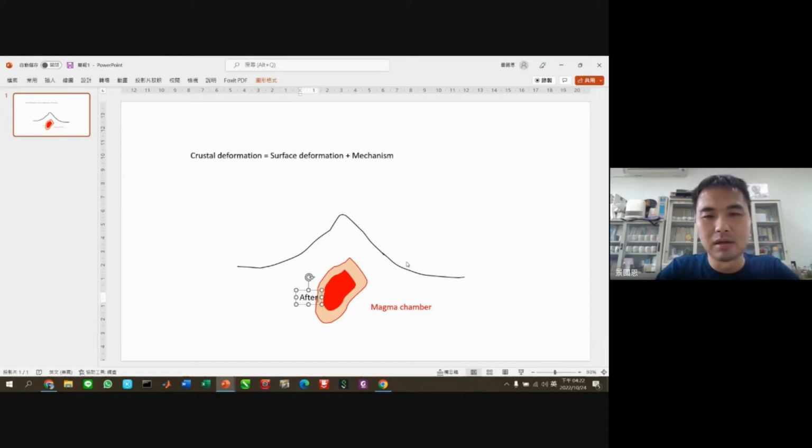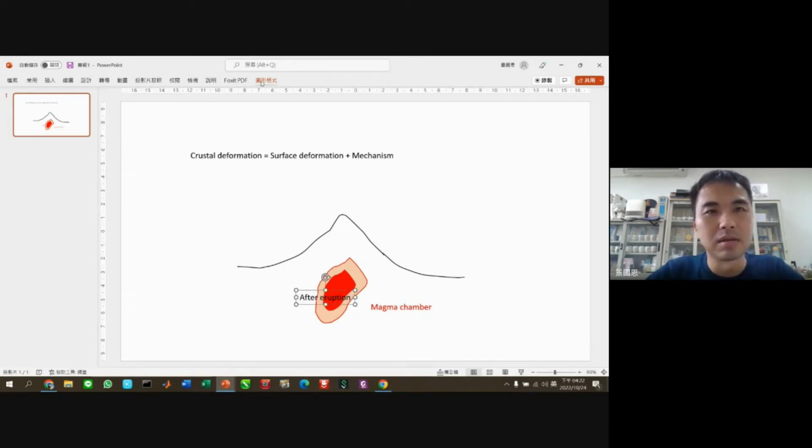So after eruption, it will look like this.